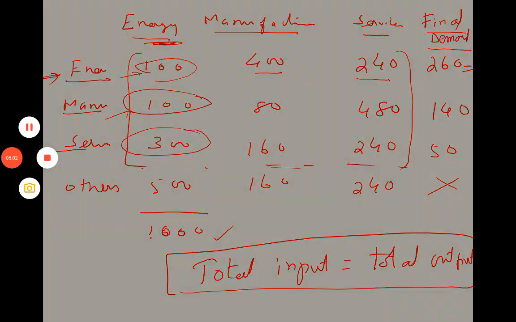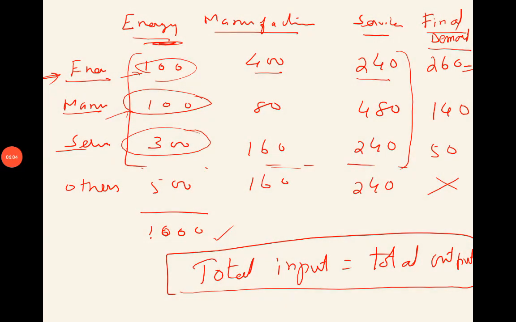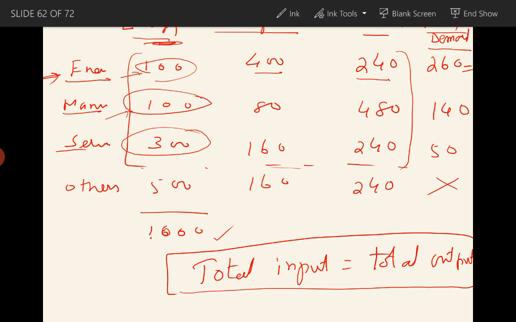Now let's find the ratio of each sector's input by dividing every column element by its own column total. That's what we are going to do in the next tables. I'm giving an idea about what is going on here.